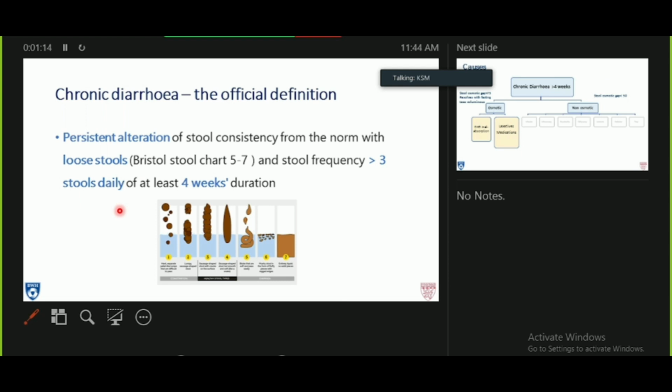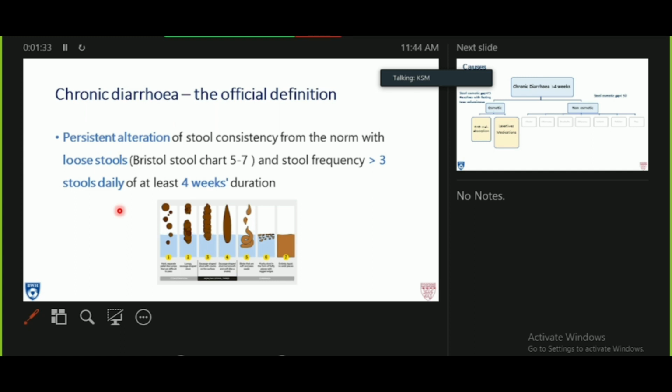So chronic diarrhea is really common as a symptom, right? We all see patients with chronic diarrhea, whether in primary care or general practice or in our hospital. But it's really important when we see these patients to establish that they truly have chronic diarrhea.